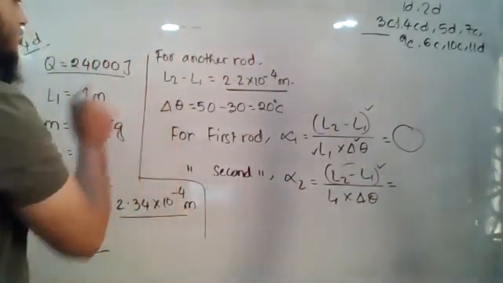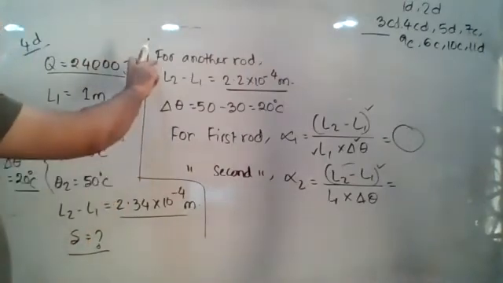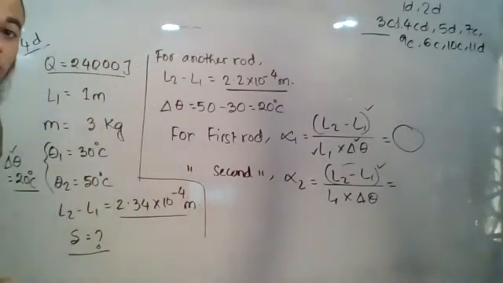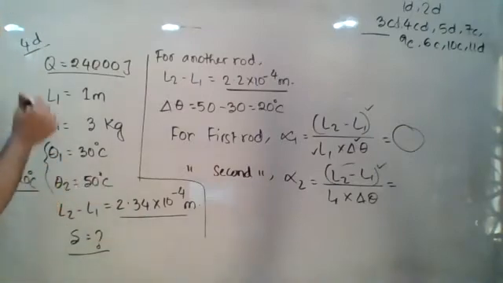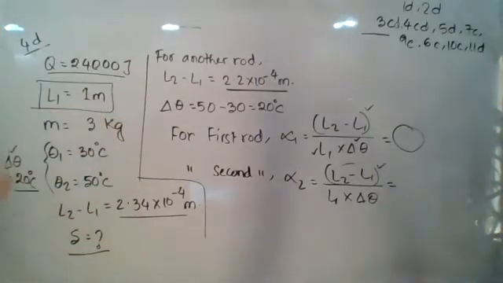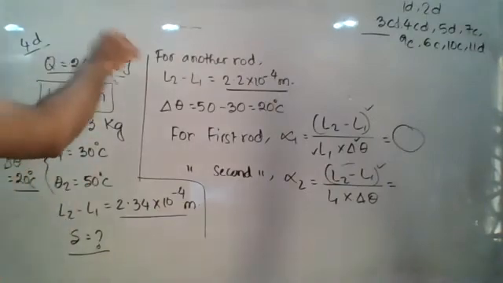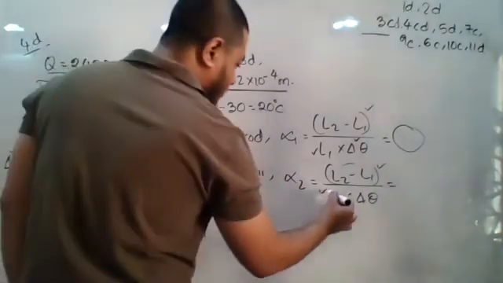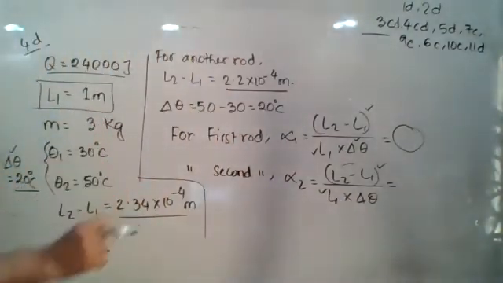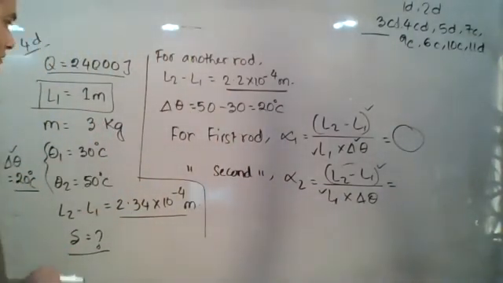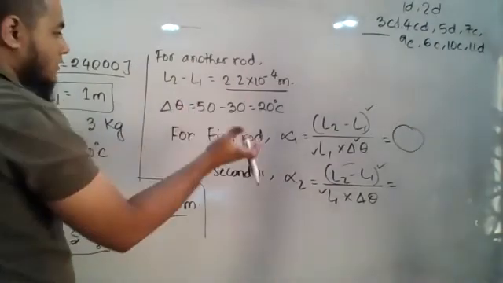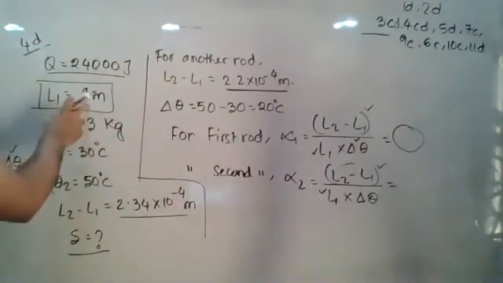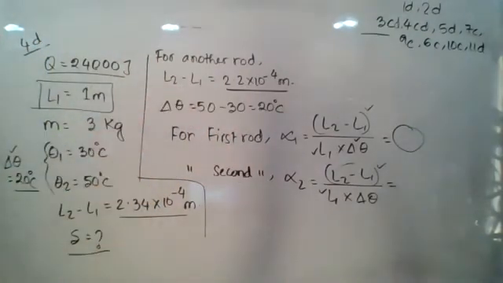L1, the initial length for the second rod is not given, so we have no other choice other than considering the initial length of the first one as the initial length for this one also. So L1 we will put the value as 1 meter. This might be one confusion that you might have faced, that the initial length L1 is not given. So when it is not given, consider this one as the initial length for both of them.